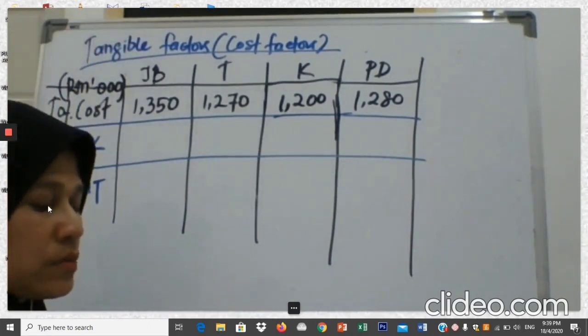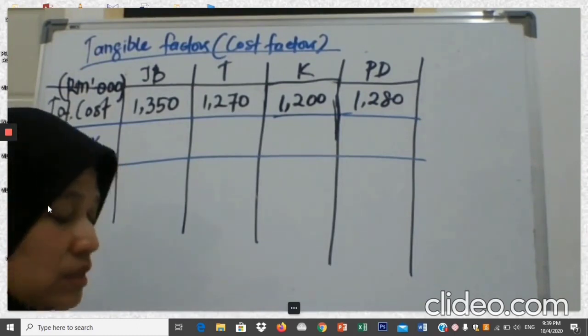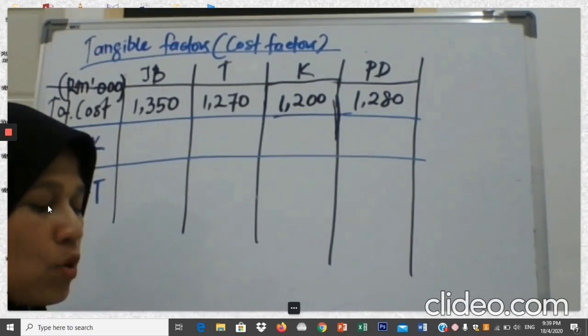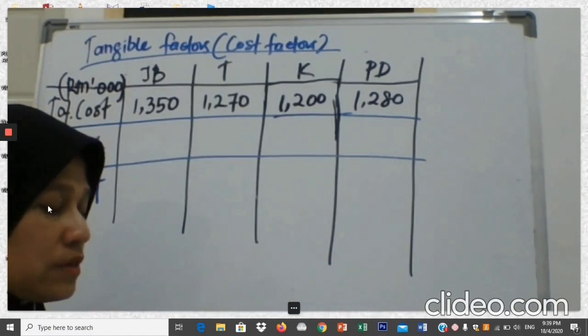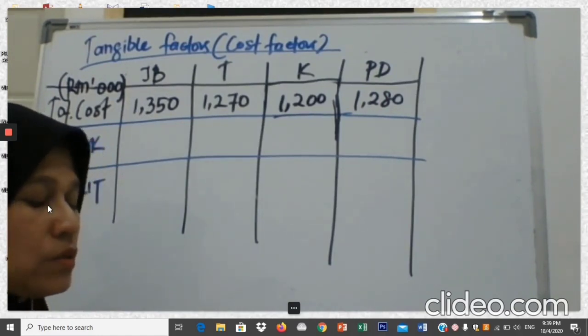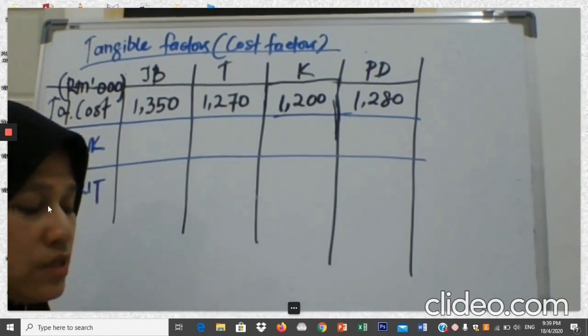So the first table is referring to the tangible factors, and you can see clearly the cost factors have all the ringgit Malaysia value. For every location here, Johor Bahru, Tapah, Kelang and Port Dickson, a ringgit Malaysia value is given.